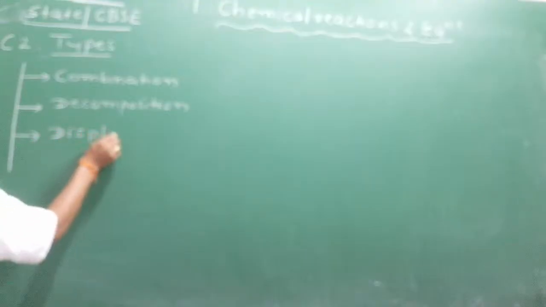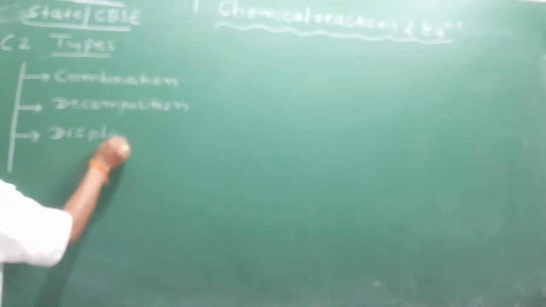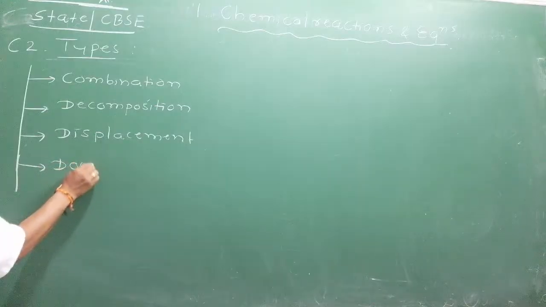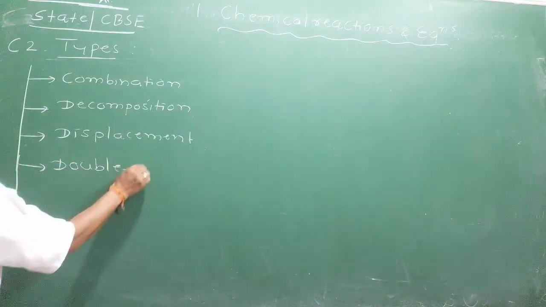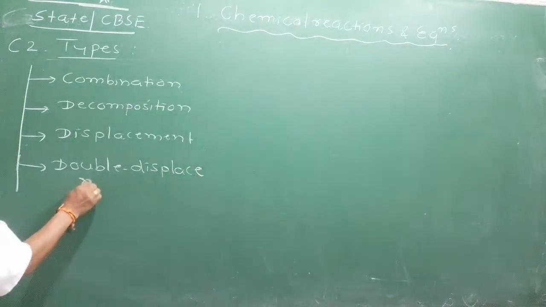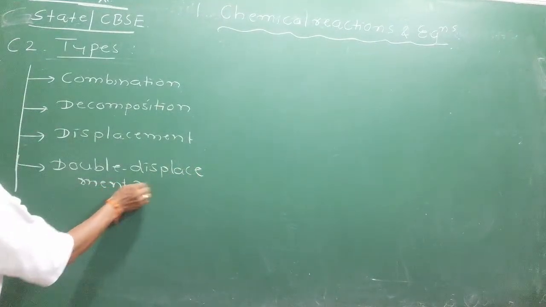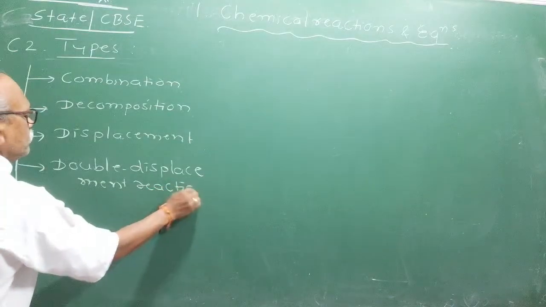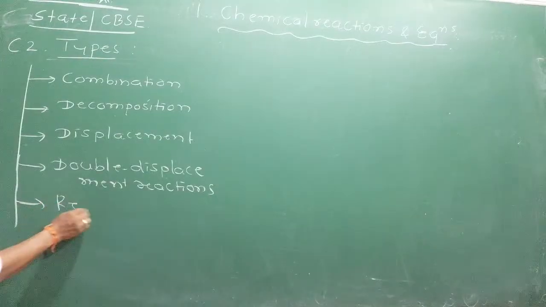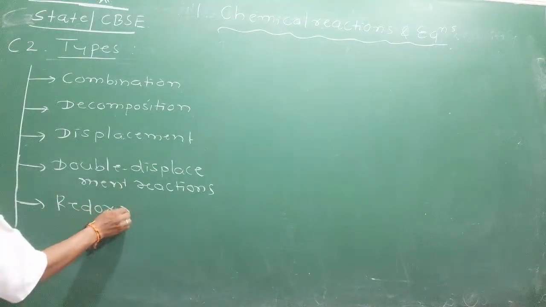Then we studied displacement reactions, and still we are left with today the double displacement reaction. We are learning today double displacement reactions, and the last reaction is redox reactions.